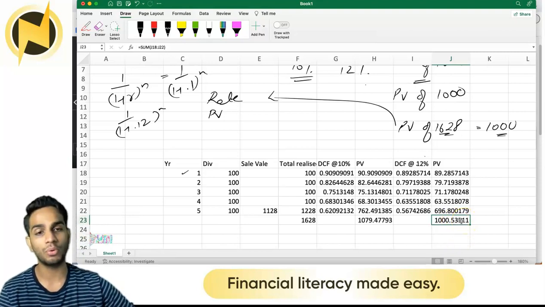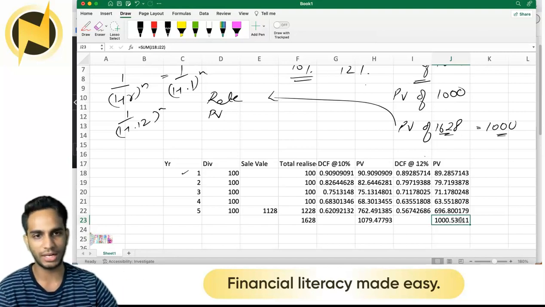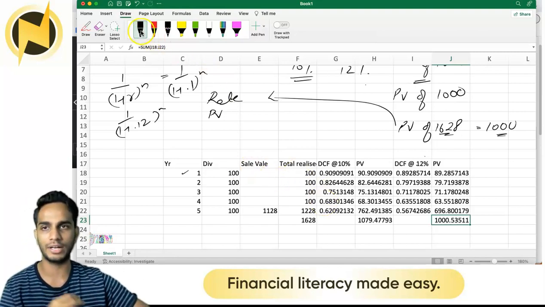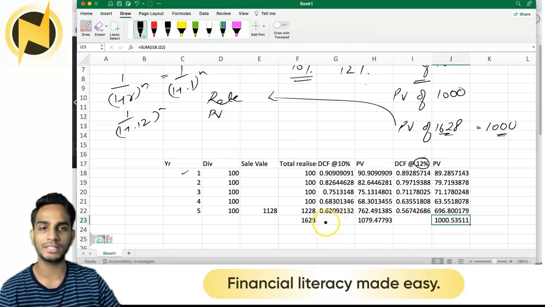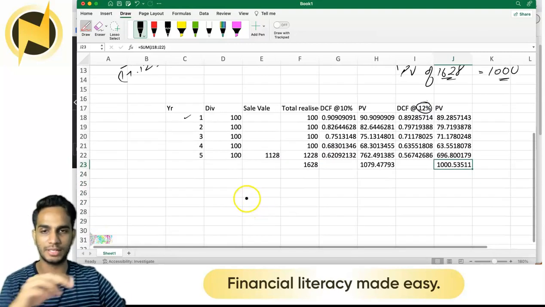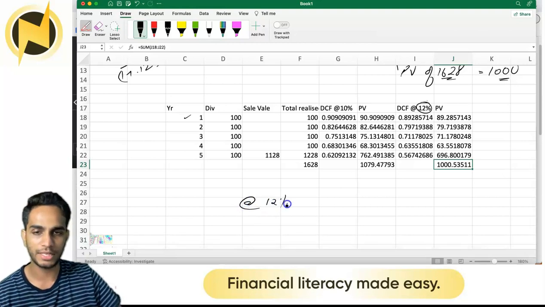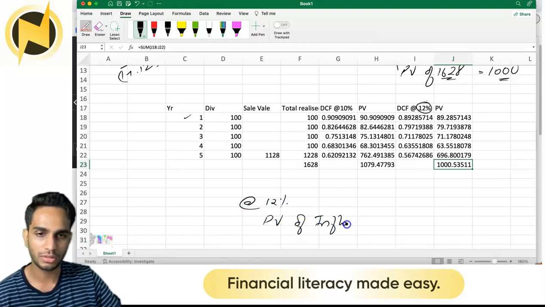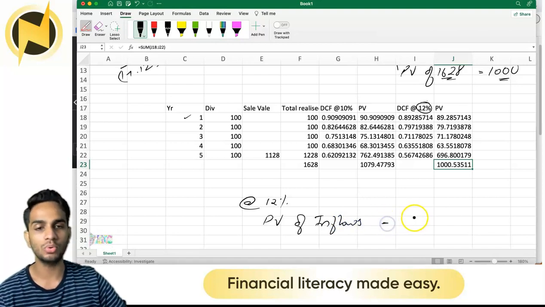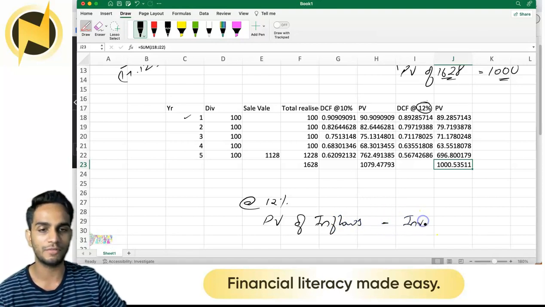Now, if you want to get it more accurate, based on the data that I've got right now, I can say 12% is my cost of equity, because at 12%, the PV of inflows equals the PV of investment.